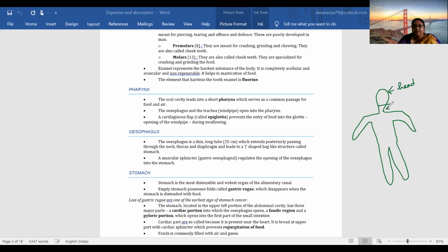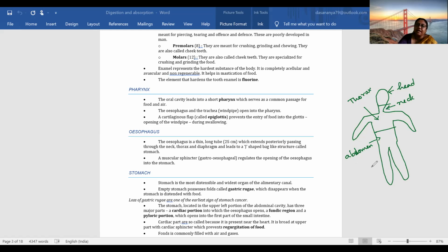We call this the neck. This is the part which is called the thorax. This part is called the abdomen. And these are the hands and legs. Together they are called appendages.